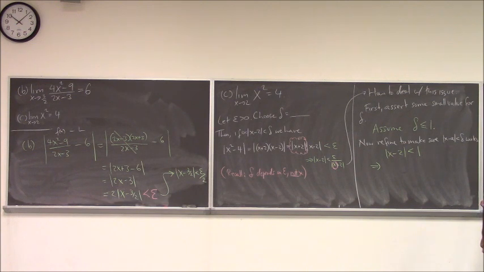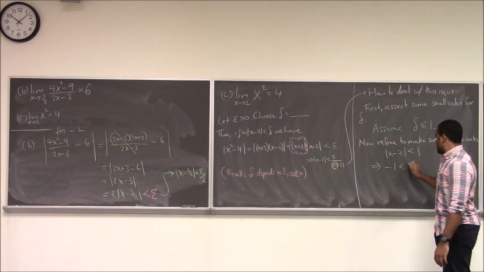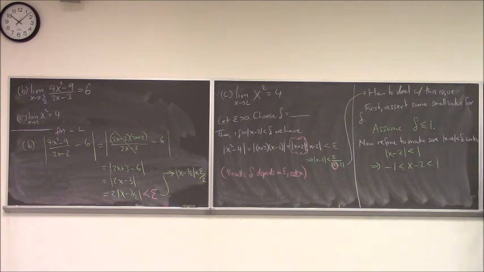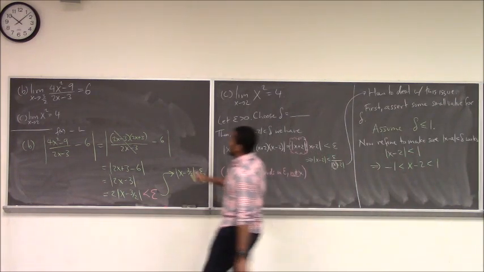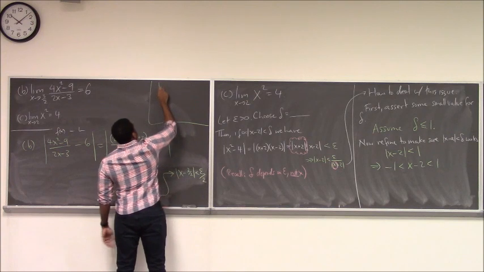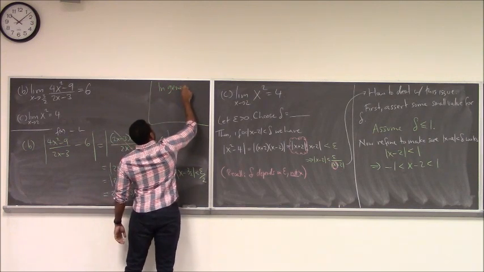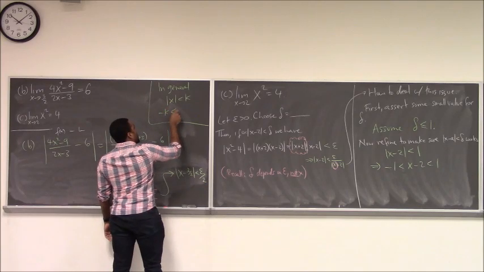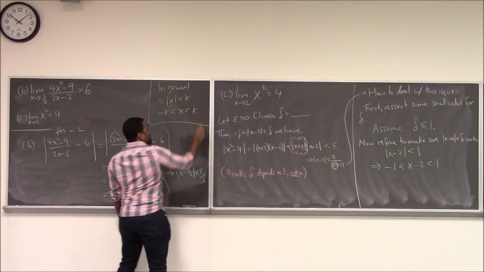Do you know? You're smiling. Do you know what you'd replace it with? That expression means that. You should know that. That's way back in algebra. In general, absolute value less than a constant means your x is between the positive and negative value of that constant.